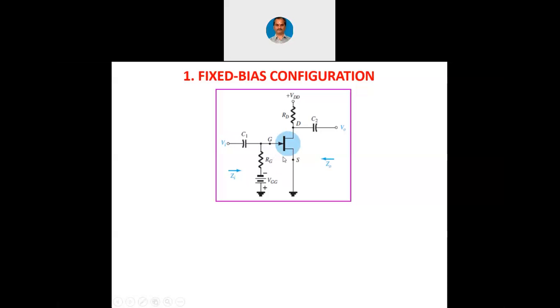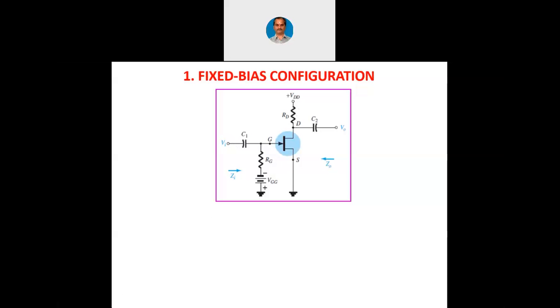So what we get is, at the input we get only this RG connected to ground, because at the input this VGS is there, but between gate and source there is no current, it is an open circuit. So at the input side we will see only this RG connected to ground, and at the output side we will have that current source GM into VGS along with the small rd and the capital RD connected to ground. You can easily visualize the AC equivalent circuit.